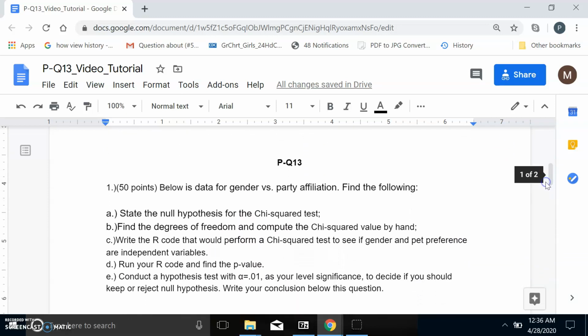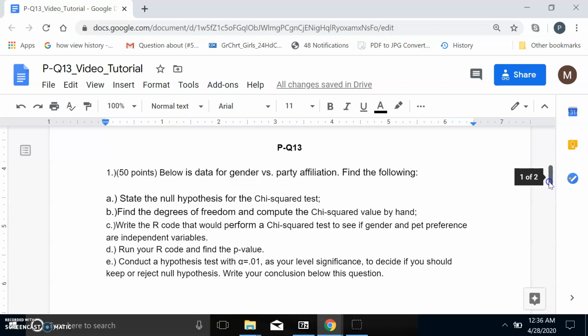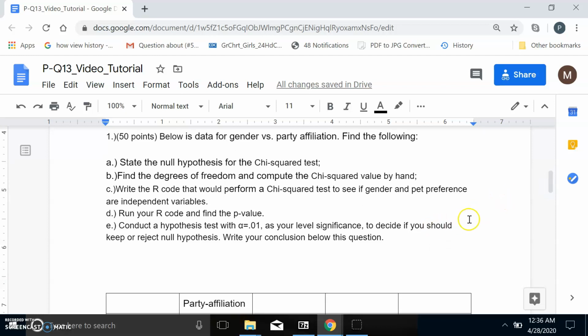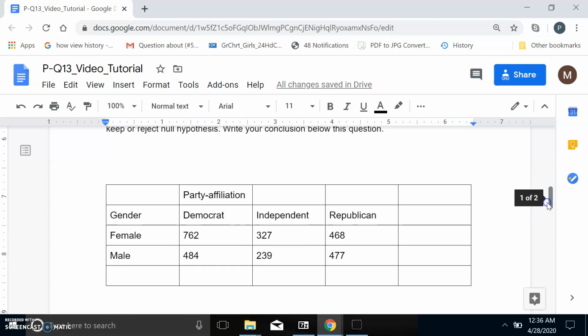It says below is data for gender versus party affiliation. Find the following. A, state the null hypothesis for the chi-square test, and then we go all the way through E. Let's start with A first. Here's our data down here: we have our females and males and the party they chose in our sample.